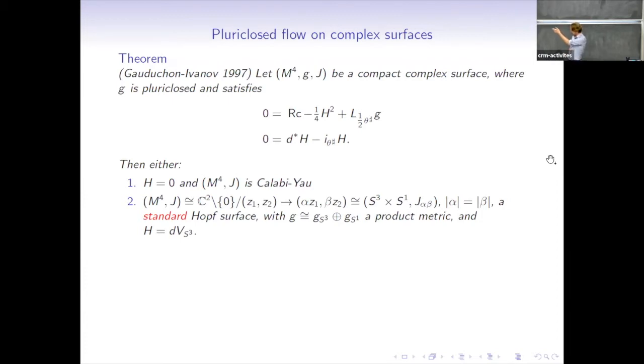Those manifolds in particular are diffeomorphic to S³ cross S¹. So the metric is a product of the round metric on S³ with the standard metric on S¹. And then H is the volume form of S³. So in fact, this is just like the example from the beginning of the talk with an extra S¹ factor now. This is the only genuine fixed point for this flow on complex surfaces.